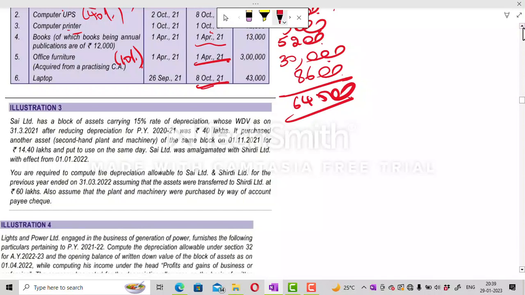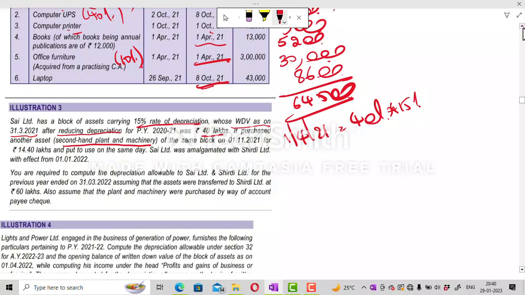Sai has a block of assets carrying 15% rate of depreciation, whose WDV as on 31/3/21 after reducing depreciation was 40 lakhs. 40 lakhs WDV is there at 15% depreciation. It purchased second hand plant and machinery of the same block on 1/11/2021 for 14.4 lakhs and put to use on the same day.